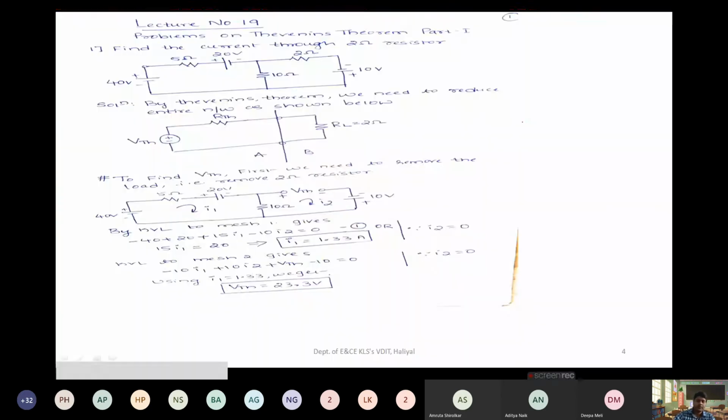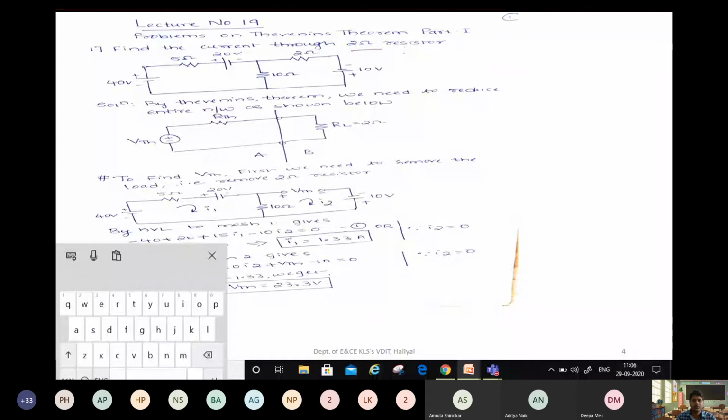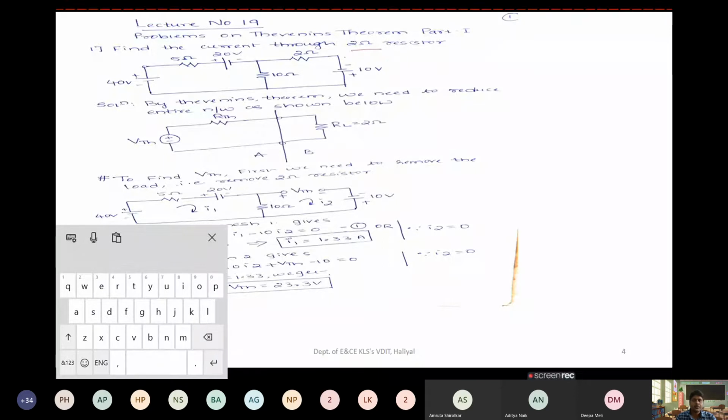Now, if you look into the problem here, what is being asked? They are asking us to find the current through the 2 ohm resistor. So except this 2 ohm resistor, everything is considered as what now?